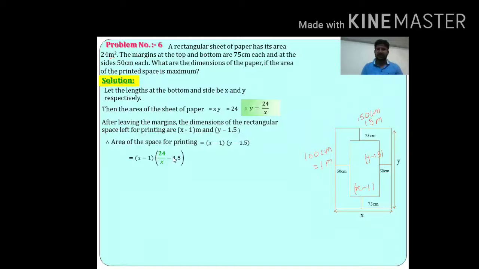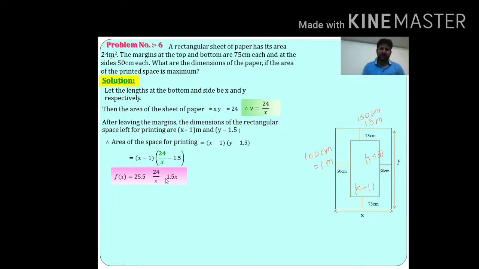After simplification, you will obtain 25.5 minus 24 by x minus 1.5x, after multiplication and addition of terms. You can check. From this function f(x), to determine the maximum, both derivatives are required.